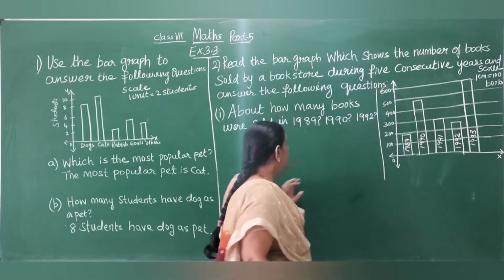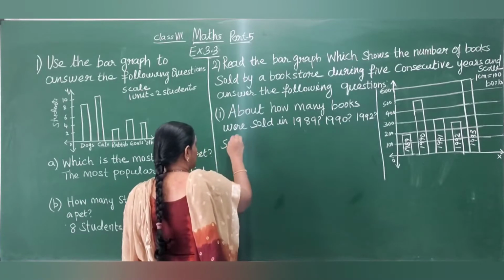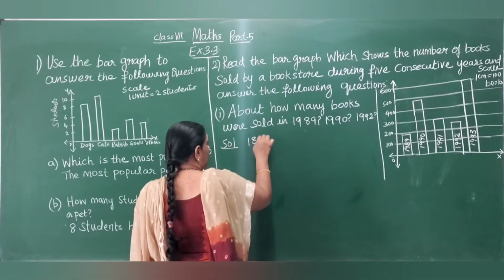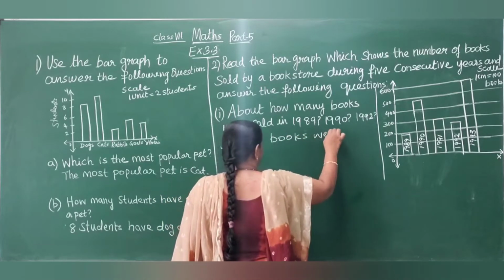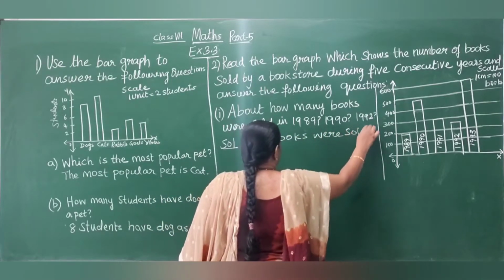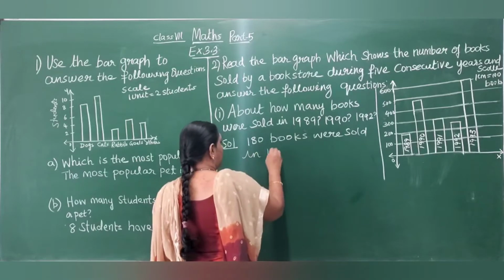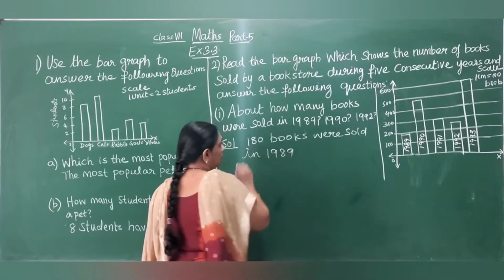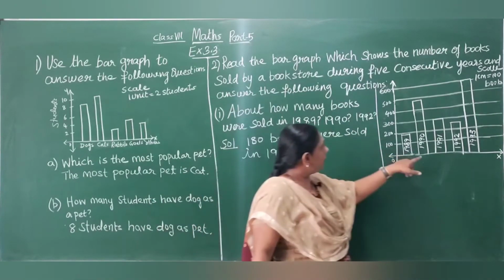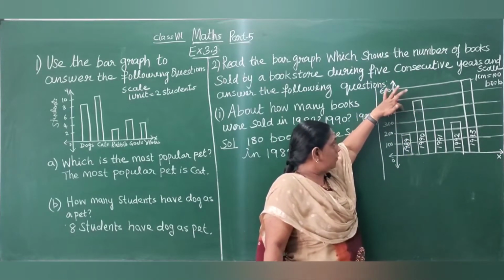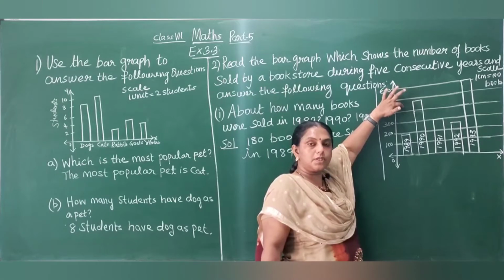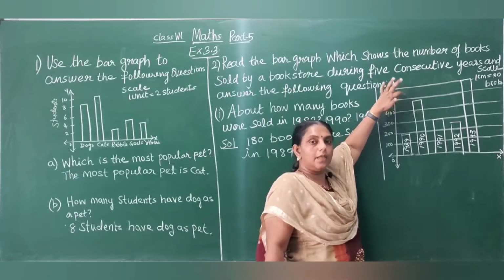So the solution for the first one is 180 books were sold in 1989. Then next, 1990. Here also it is 400, then 420, 440, 460, then 480, then 500.